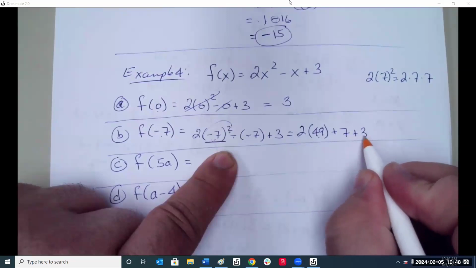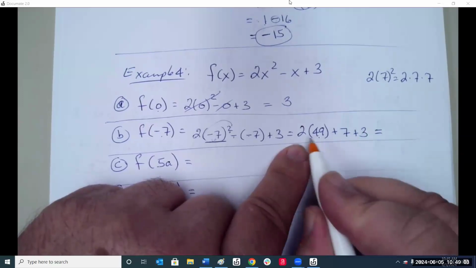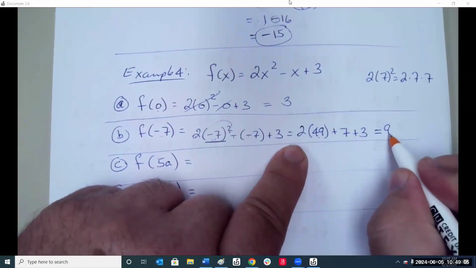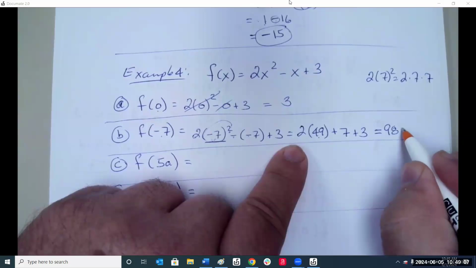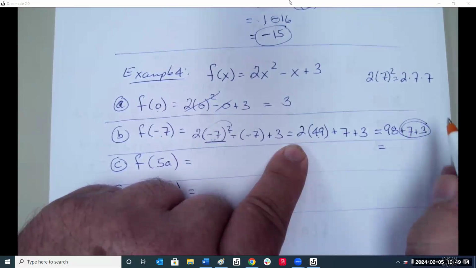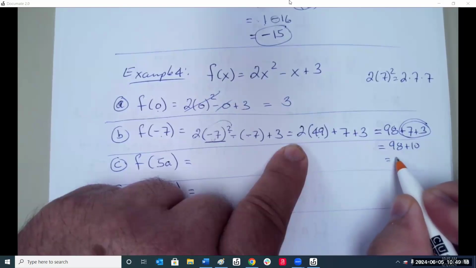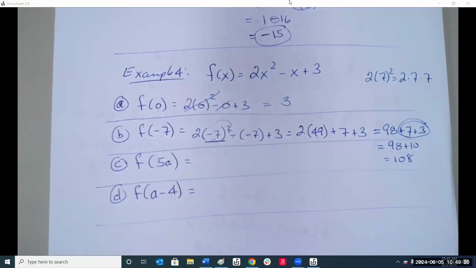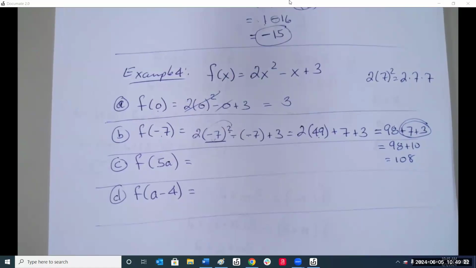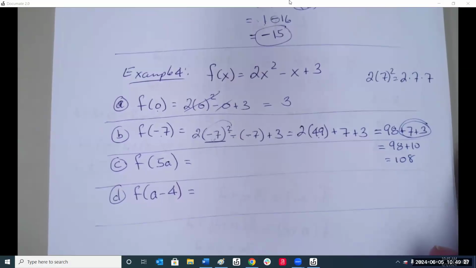Plus 3. 2 times 49 is 98. Plus 7 plus 3. 7 plus 3 is 10, so we have 98 plus 10, which is 108. Since they're all addition problems, you don't have to go left to right. By the commutative and associative properties, I can move them around.